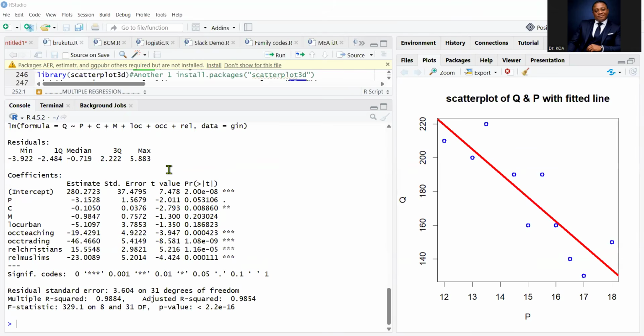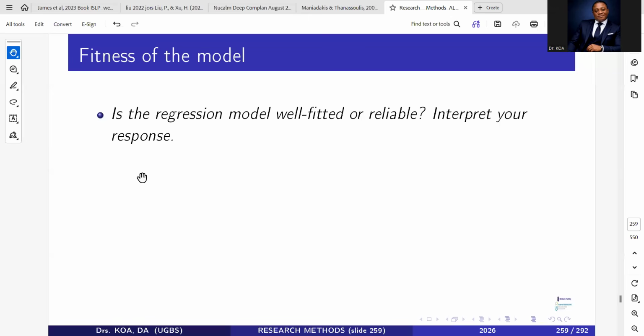Write it down. Is a regression model well fitted or reliable? That is question 3. And the next part is to interpret the statistic you used. Interpret the statistic that you used.